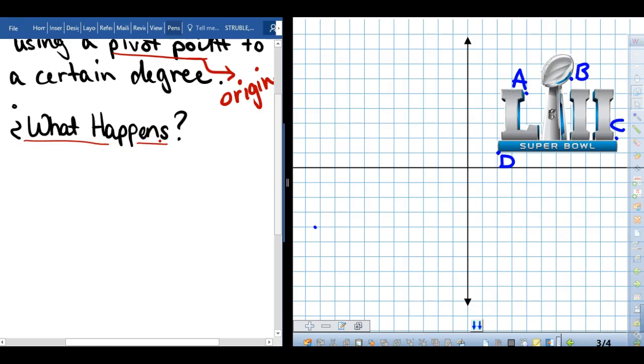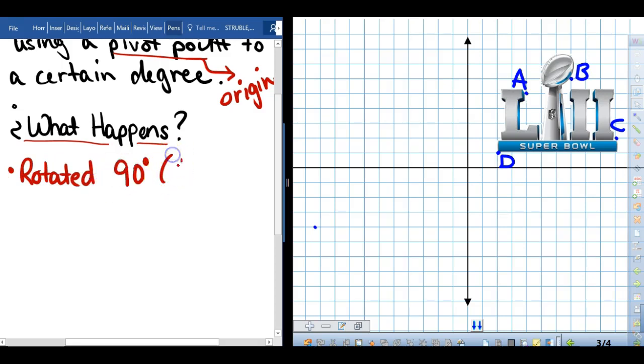Okay, so here's what happens. Now obviously we have different types of rotations. We have the clockwise direction, we have counterclockwise direction. I can rotate a figure 30 degrees, 60 degrees, I mean, everything in the sun from 0 to 360. We are only going to concern ourselves with multiples of 90 degrees right now. So let's talk about rotating it 90 degrees.